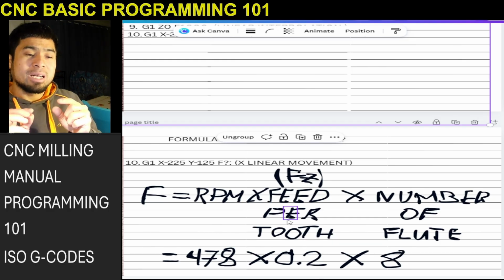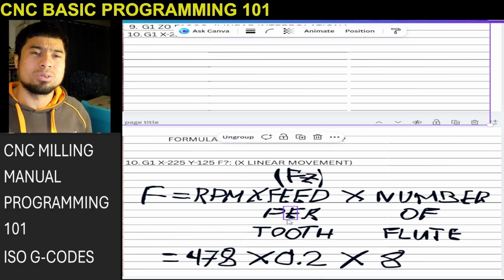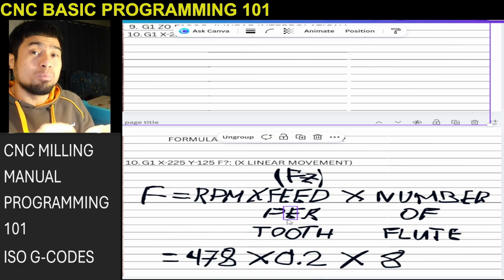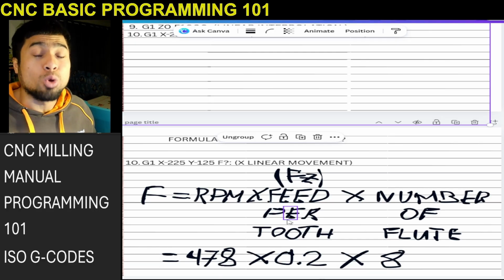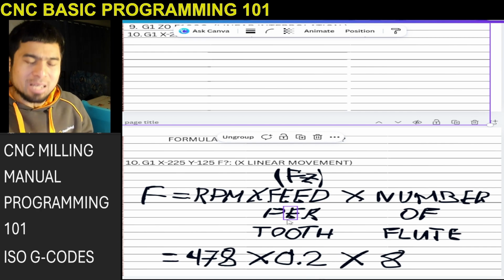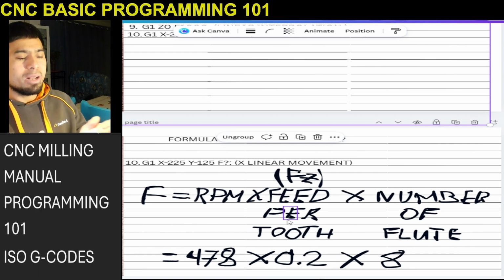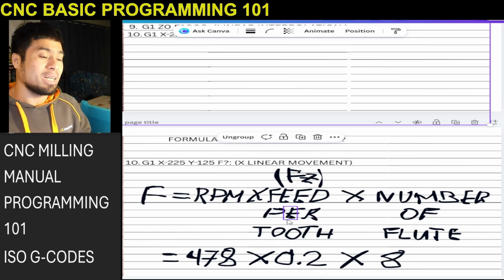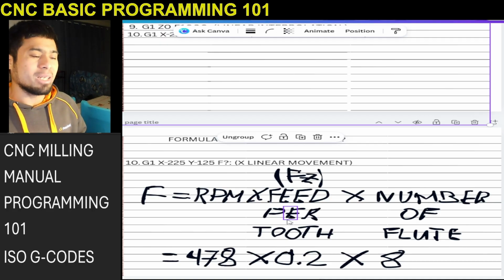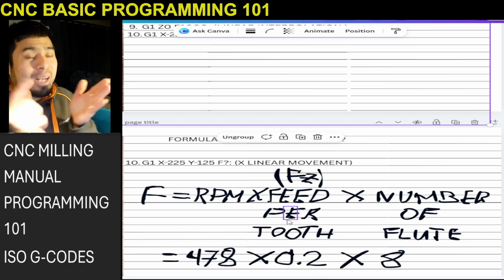It's always included there. For example, for the face mill diameter 100 cutter, the normal feed per tooth is in the range of like 0.1 to 0.25 or 0.3. But mostly for the diameter 100 face mill cutter with inserts for normal steel material, they normally put 0.1 to 0.3 or 0.25.